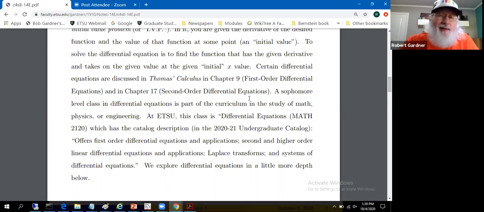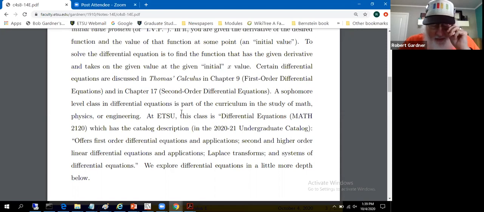And you might not quite get all that material in this gigantic book covered in a calculus sequence. The chapter 17 stuff you might not cover. If so, it would be calculus 3. We have an entire class, as does every university, devoted to differential equations.